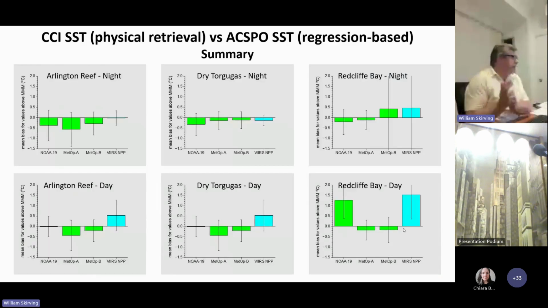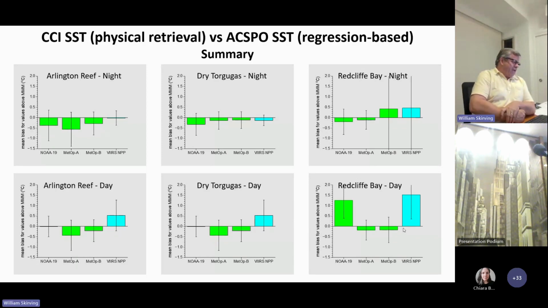So if we have a look at them all together, you can fairly clearly see that generally speaking, in the daytime, at nighttime, not a massive difference between them, and you'd probably be happy to blend those into a level 4 product, and indeed that's what Andy does for us. So from that perspective, I'm really happy that we're using nighttime only, and bear in mind, we don't have shallow water in our products. In terms of the coral reef products, we tend to stick to the reef pixels. So you blend those, and you'll get a fairly nice product.